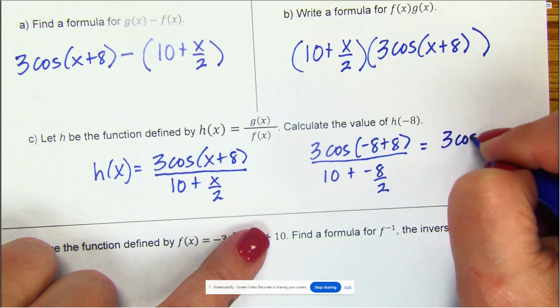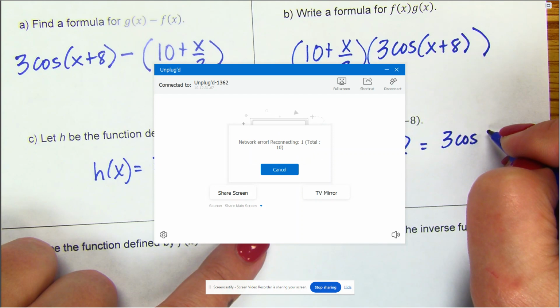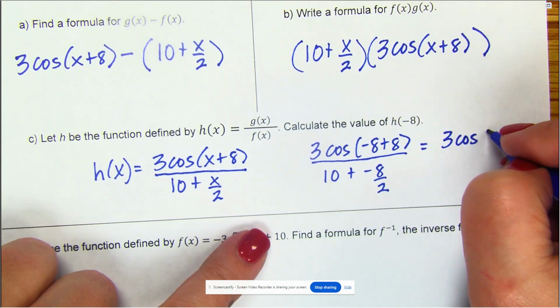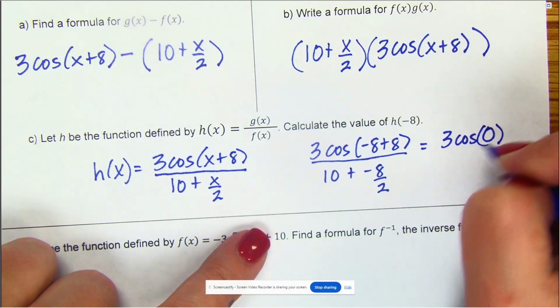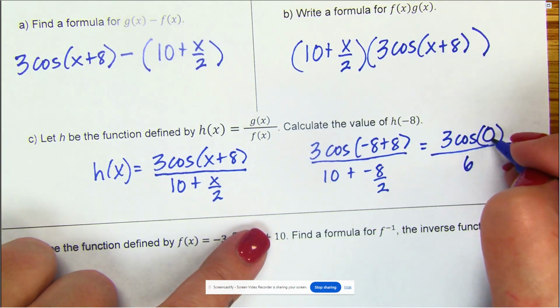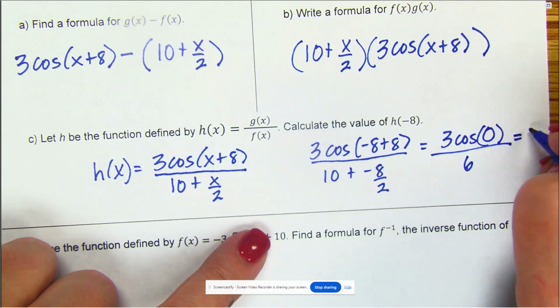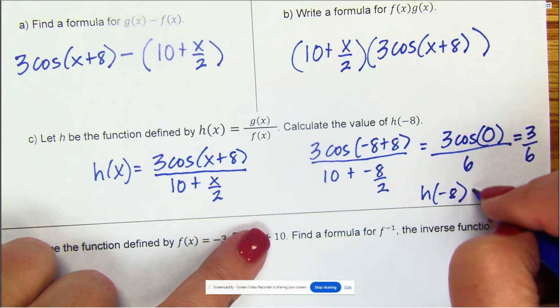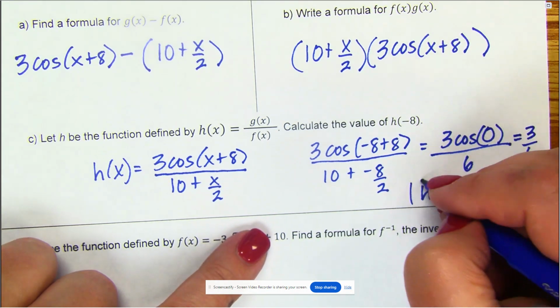That's 3 times the cosine of 0, all over, that would be negative 4, so that makes 6. The cosine of 0 is 1. 1 times 3, 3 over 6, or 1 half. So h of negative 8 is 1 half.